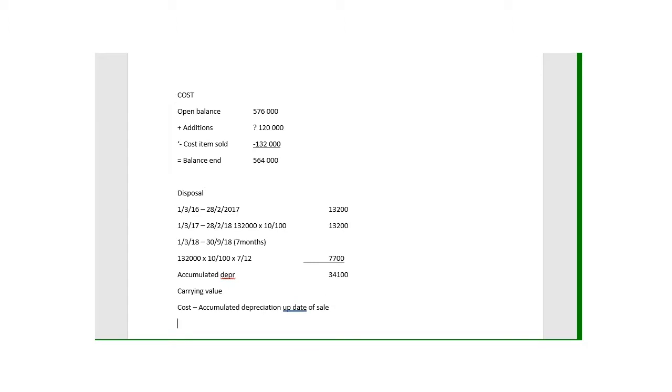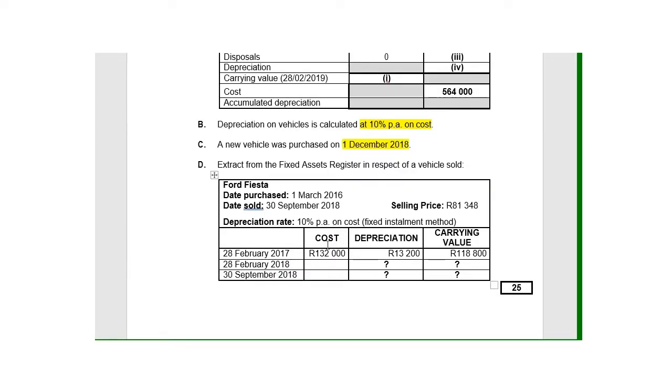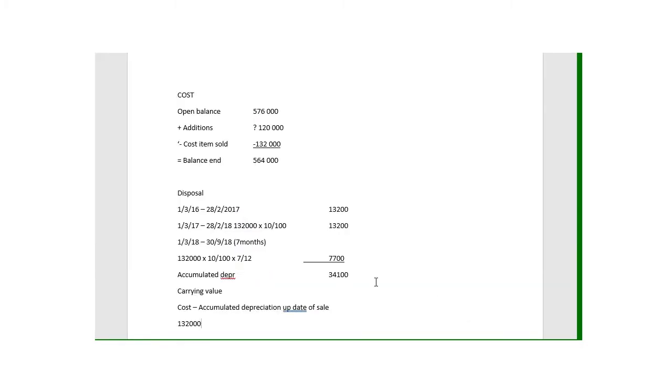So the cost, I've got the cost. Cost was given, it is 132,000. There it is, 132,000. The accumulated, I just calculated up here.